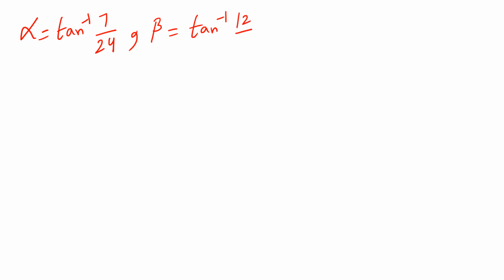Now students, we have got the value of alpha as tan inverse 7 upon 24. So applying the same concept, we get the value of beta as tan inverse 12 upon 5, and the value of gamma as tan inverse of 20 upon 21.